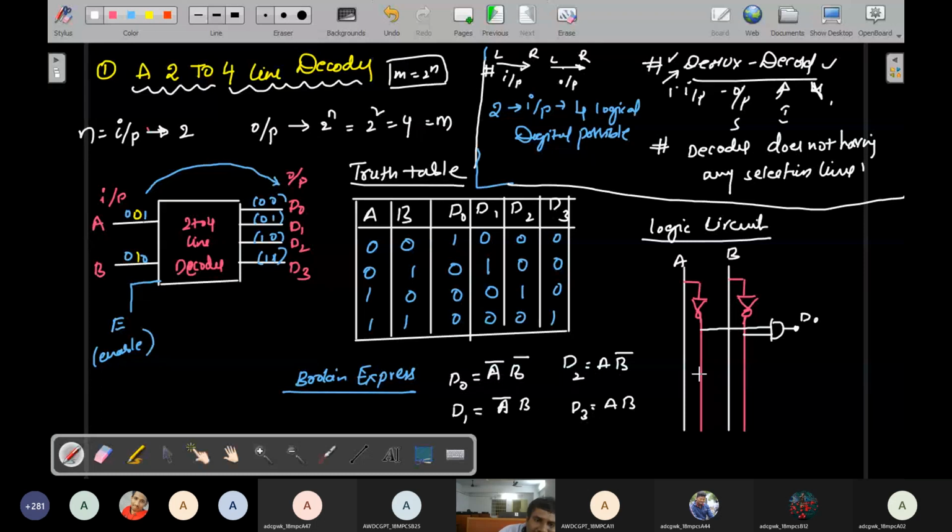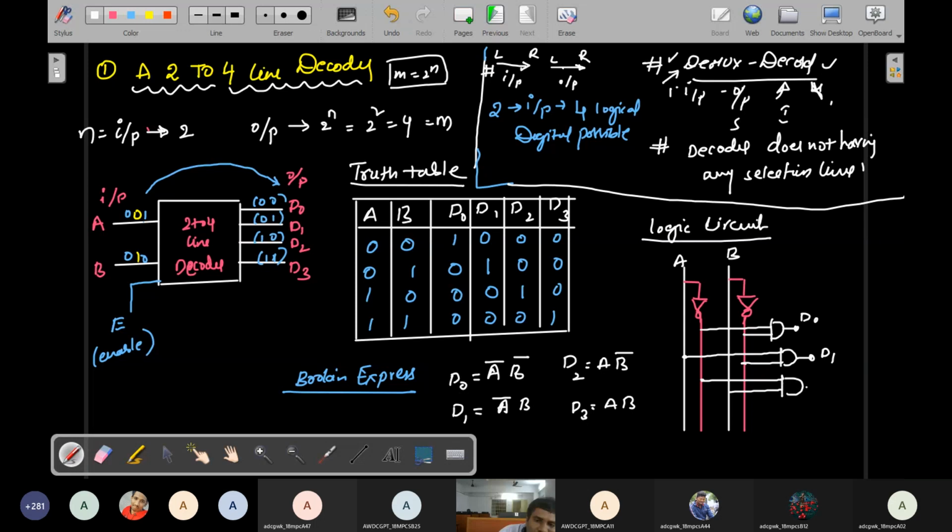Similarly the second case is A B bar, so you start from here, and this is called D1. Similarly this is A bar and B, which starts from here.